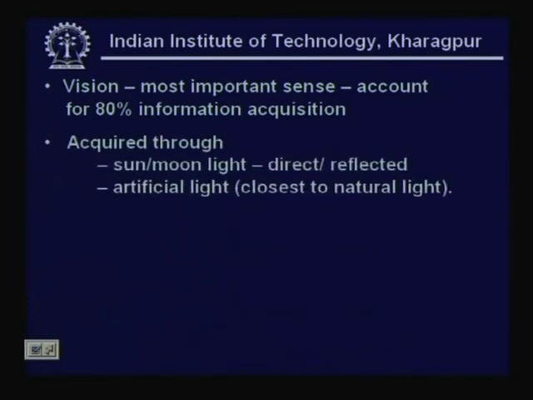That is to be kept in mind. The acquisition of information could be through sun or moon. Moonlight is basically direct or reflected. Artificial light, whenever created, has to be closest to natural light, that is closest to the sunlight, which is the most important source of daylight or natural light.